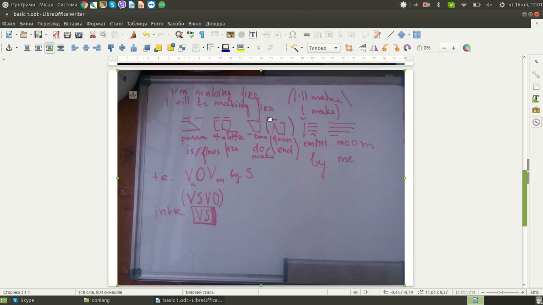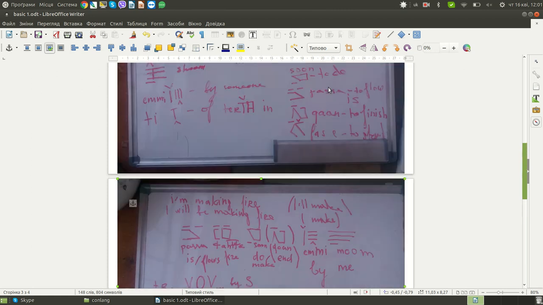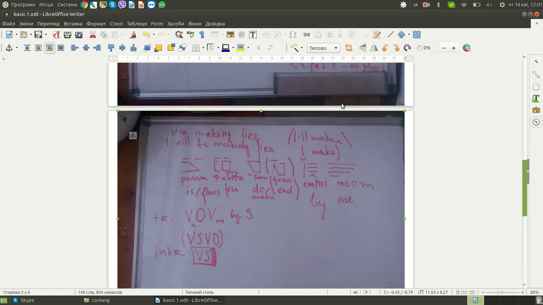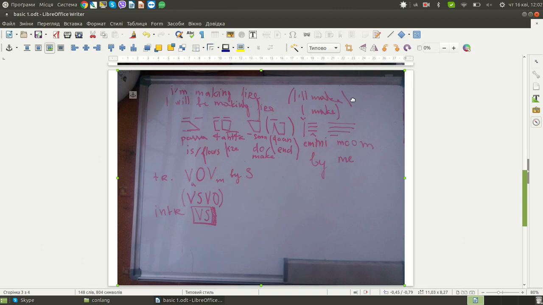So there are four variants of the sentence. Two variants that I talked about, and also two when you change the word passa to fas. So then it is I was making fire, or either I made fire, or I had made fire.